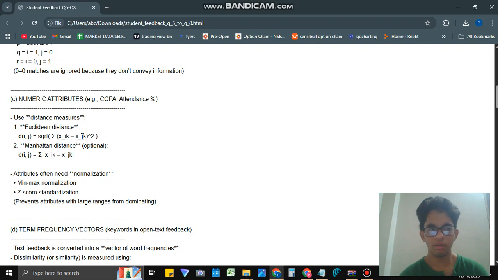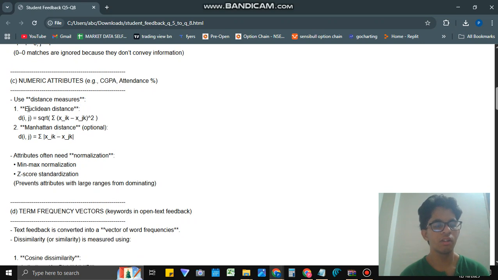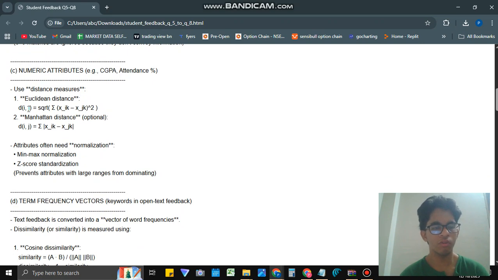Then moving on to the next, which is numeric attributes, for example CGPA and attendance percentages. In this we use Euclidean distance, or Manhattan distance as well.